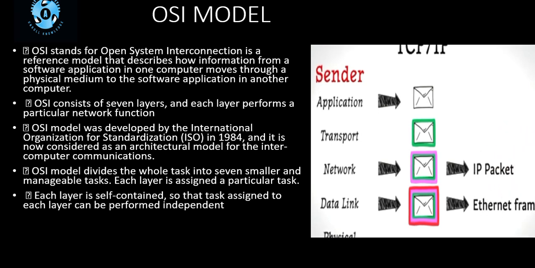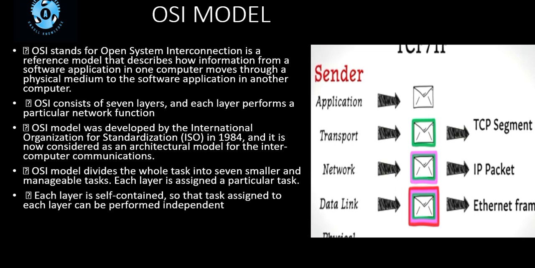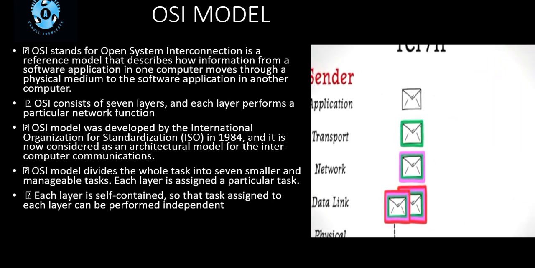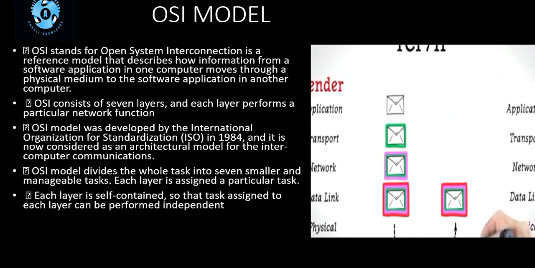At the network layer, it is IP packets. At the transport layer, we have a TCP segment or UDP datagram. If the information is in the application layer, it is called an application message.